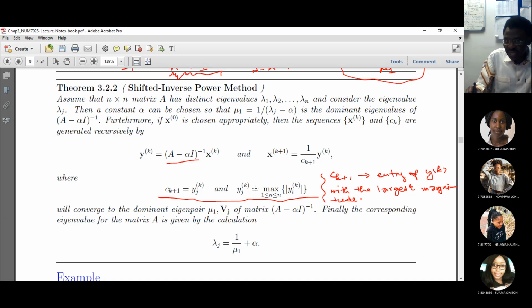Now this means that this is the maximum in magnitude. You take the absolute value, the maximum of that. So it is the entry of yk with the largest magnitude.